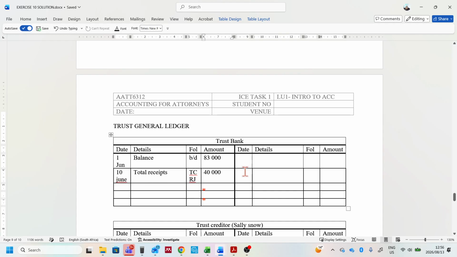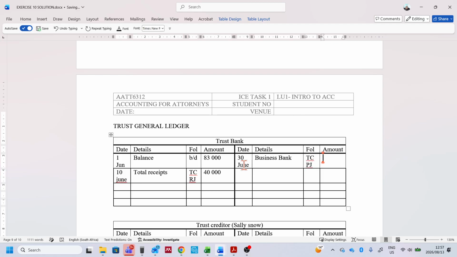So on this side of your Trust Bank account, you'll also need to record it, even though you are not required to prepare the Trust Cash Journal, to indicate that there was money that left what? Trust Bank. You say 30th of June, and then on this side, you write Business Bank. This would have been recorded in your Trust Cash Payment Journal.